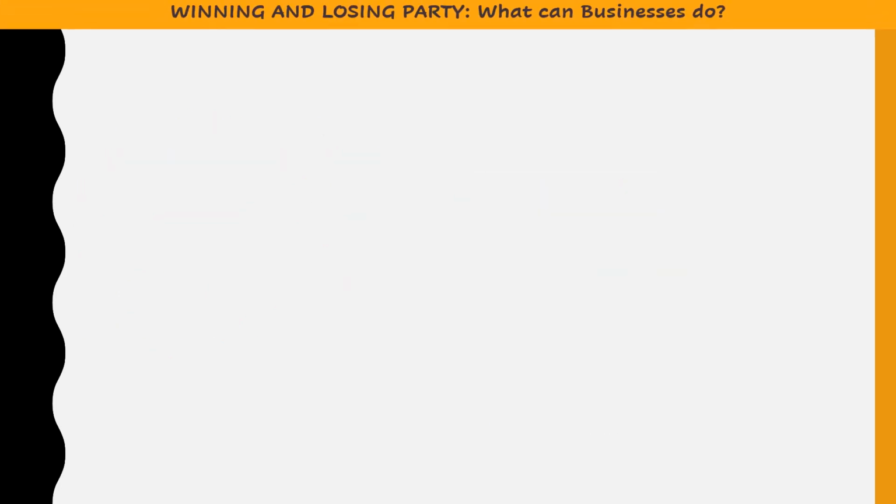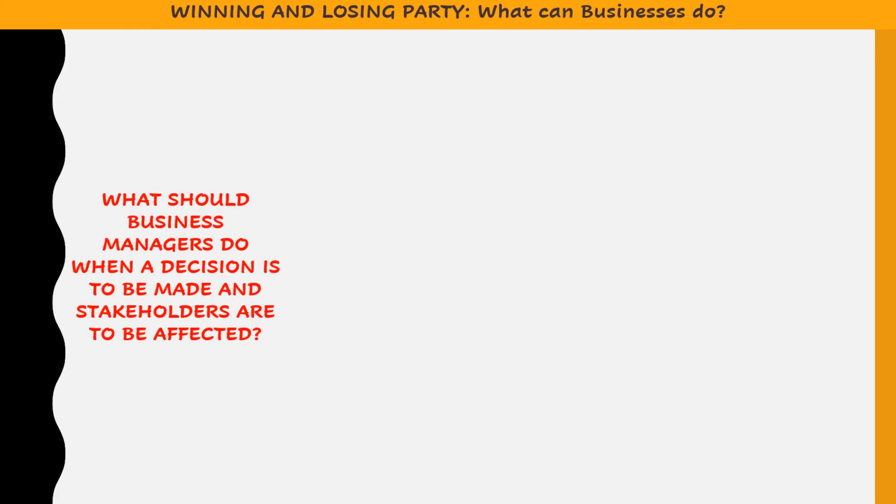As you can see, a certain decision made by a company would have an impact on various stakeholders. In the case of factory A, which is shutting down its operations in country X, country X would be on the losing party, whereas country Y, where factory A is moving its operations to, will fall under the winning party because of the benefits that they would gain.